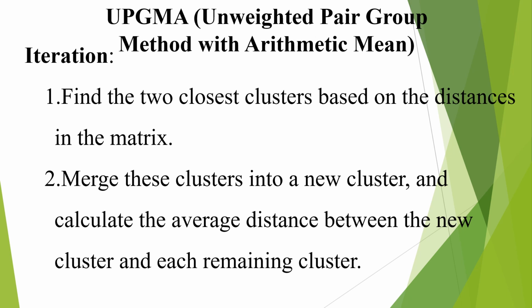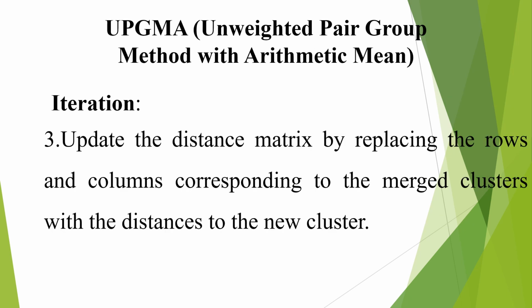Iteration: 1. Find the two closest clusters based on the distances in the matrix. 2. Merge these clusters into a new cluster and calculate the average distance between the new cluster and each remaining cluster. 3.